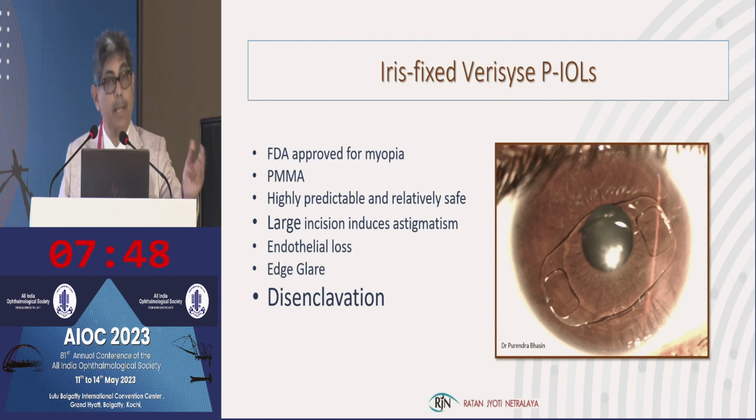The results were highly predictable and it was relatively safe, but we required a large incision, which induced astigmatism. Large means a 5.5 millimeter incision, and endothelial cell loss was one important issue. But if case selection was good, there was no problem, although disenclavation could occur, as in this particular case where you can see one haptic is dislodged and lying in the anterior chamber on the lower side. So this was commonly seen.